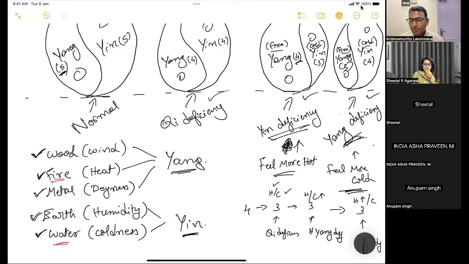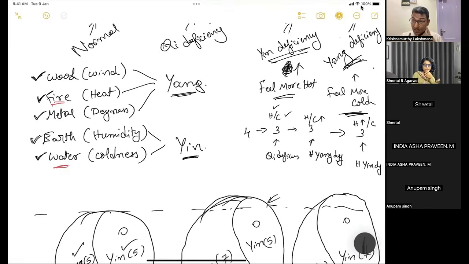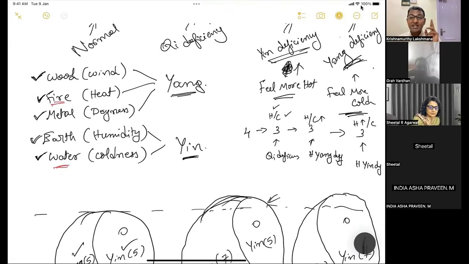When something is less, we can say it in terms of yin, yang, and qi deficiency. But when something is more, then we say it in terms of the elements. We go into the individual elements.